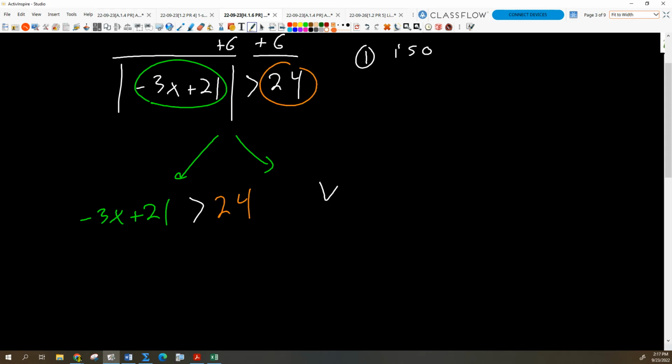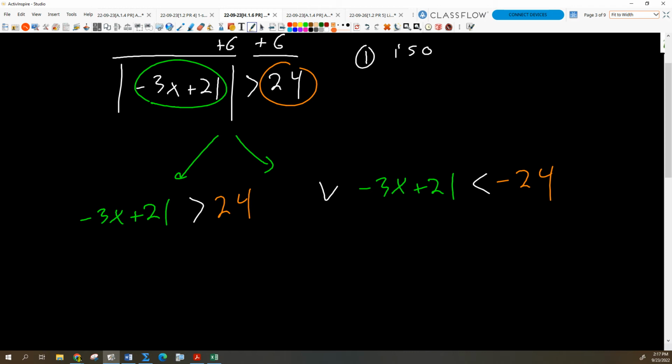Okay, or, good, what's inside is less than the negative, right? It's either got to be extremely positive or it's got to be extremely negative, right? For an or statement. Agreed? Okay, does that make sense?